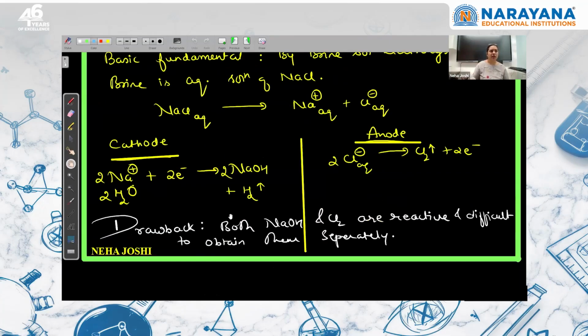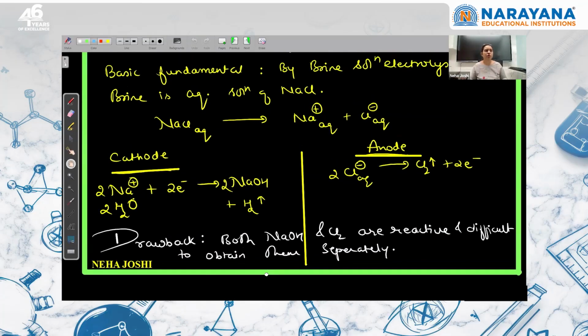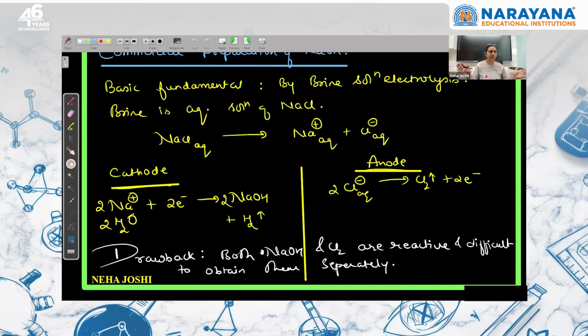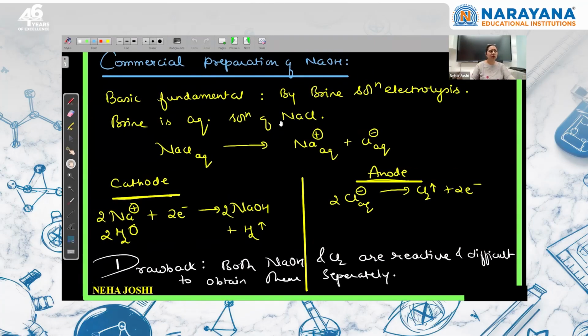Now, yes, NaOH you can prepare by this method, but NaOH and chlorine are still reactive and difficult to obtain them separately. So थोड़ा problem होता है इस industry में, but we somehow make it. Okay, that is a drawback of this general apparatus.